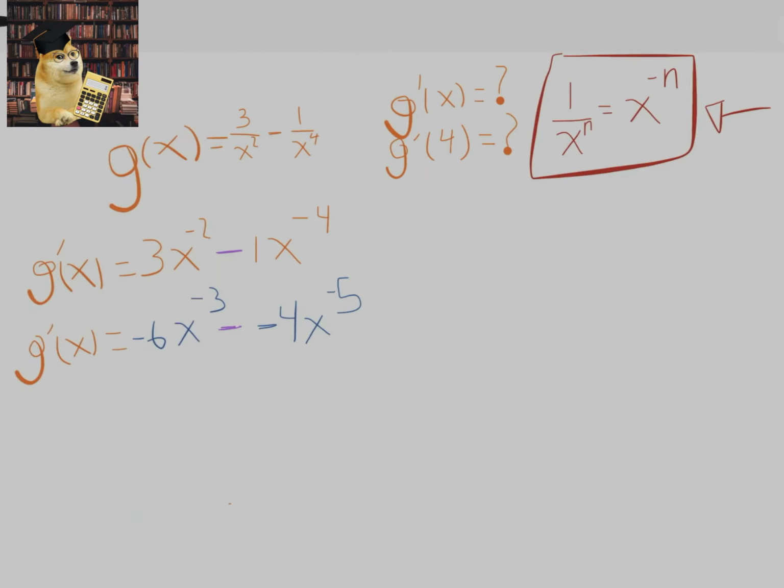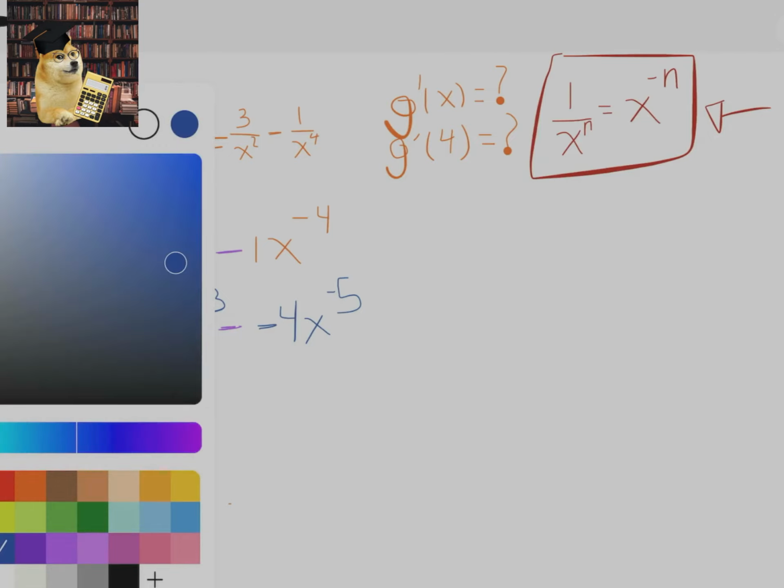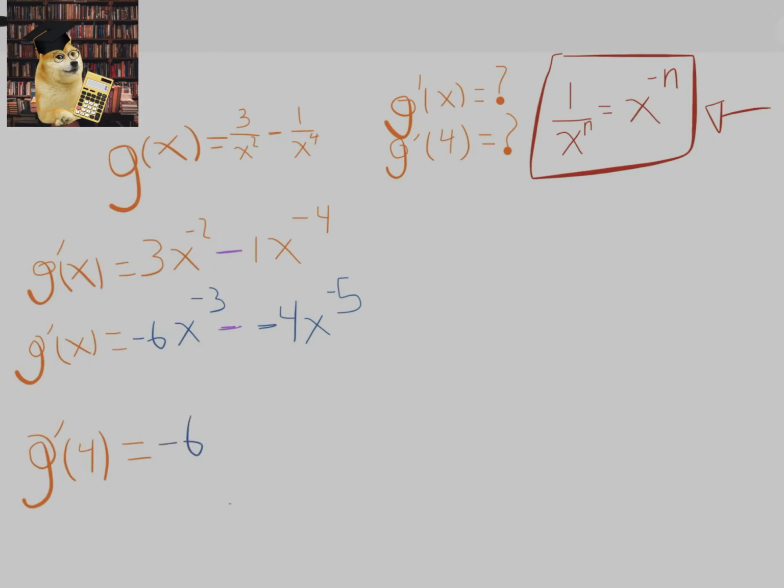But we are still looking for g prime when x equals 4. So how do we do this? g prime of 4 will equal negative 6, in parentheses the 4, which will replace the x, to the power of negative 3.